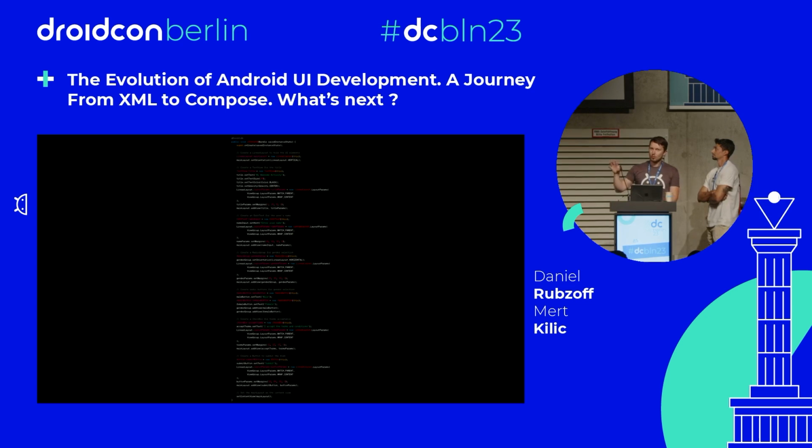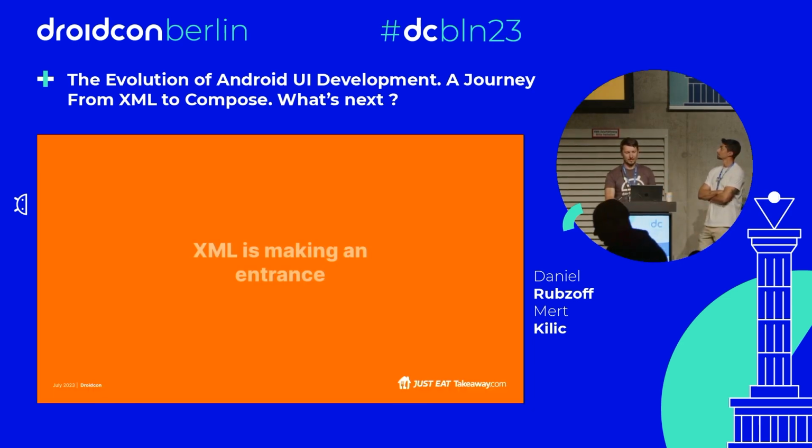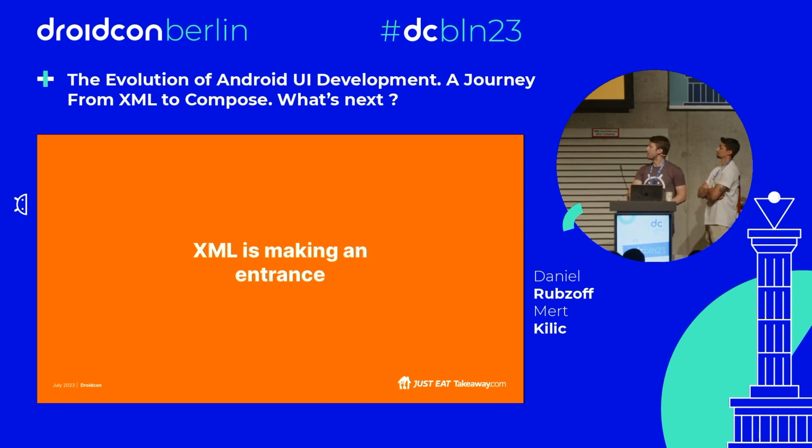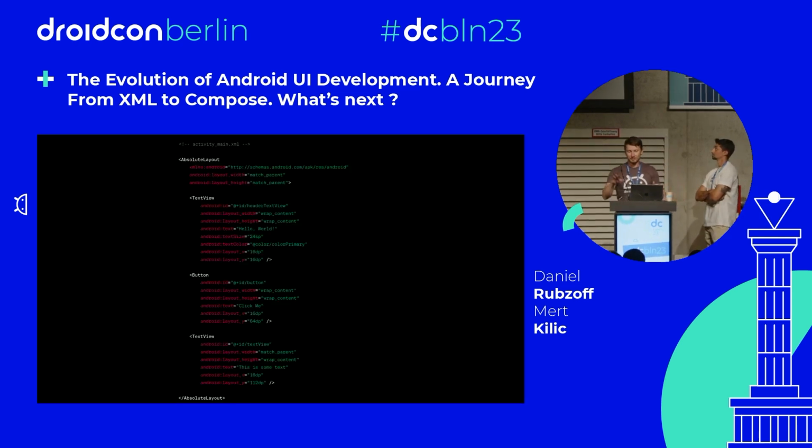As Android became more popular and app development became more sophisticated, there was a need for a more user-friendly and efficient approach to build UI designs. So next came the XML era. Around the same time when the first Android was released, XML was gaining popularity as a markup language for structured data.